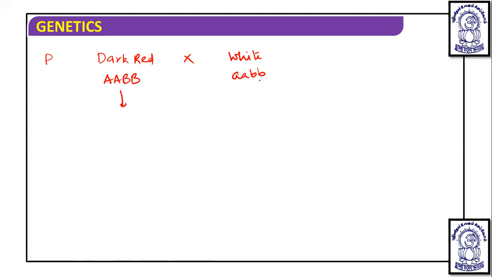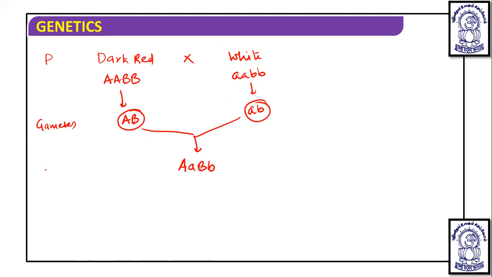The gametes produced are capital A, capital B and small a, small b, and when these gametes fuse they produce capital A, small a, capital B, small b, that is F1, and it is intermediate red.